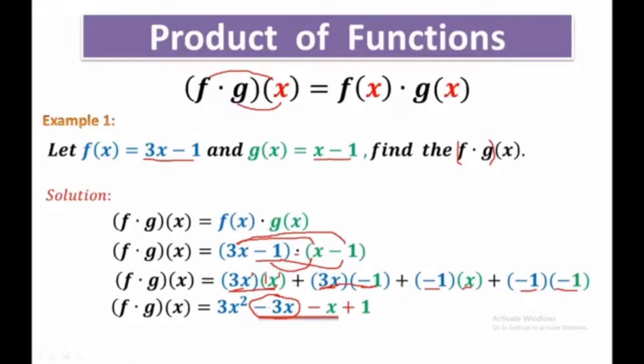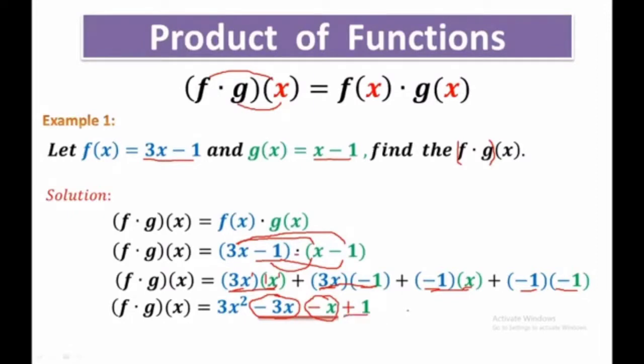And then the next term also, we have negative 1 times x. So negative 1x or negative x. Okay, negative x yung next term natin. And then the last term is negative 1 times negative 1. Of course, that is positive. That's why we have here plus 1.